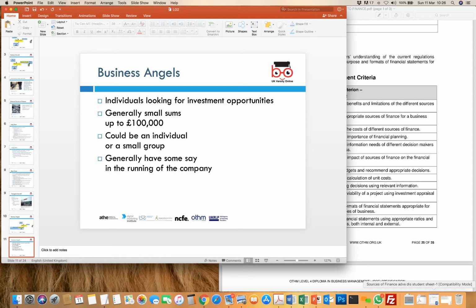But in the case of business angels, these individuals would basically not want the money back, and the company approaches them because they are not looking at getting the money back, but they are looking at getting some part ownership of the company, or they want to get some role within the company to be able to run the business along with them.